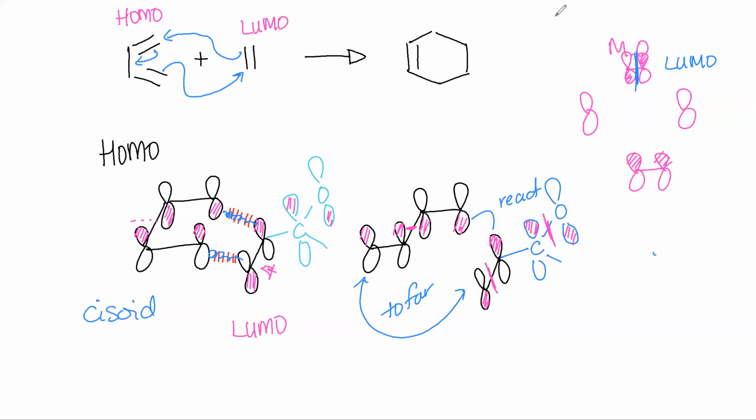Let's save this. Now the fun stuff about this Diels-Alder reaction is there's two really neat things. One is that it's stereospecific. So what in the world does that mean? So let's do that first.